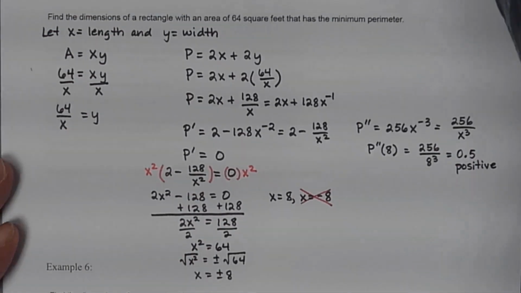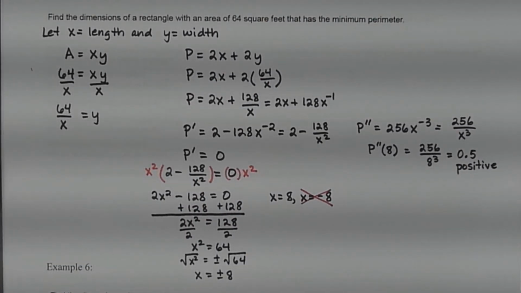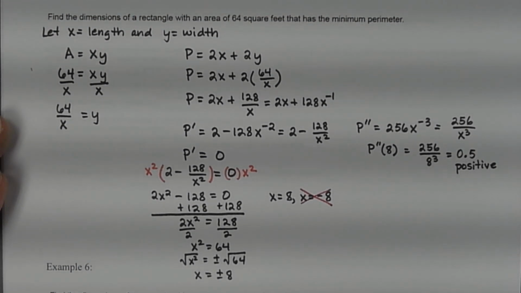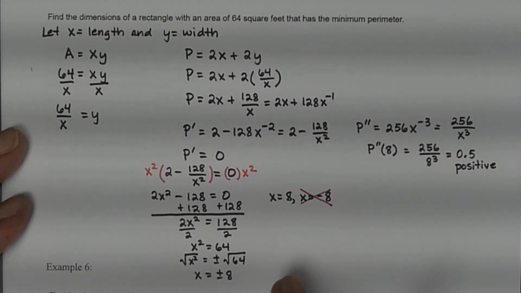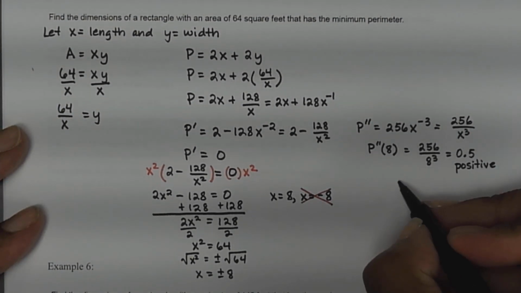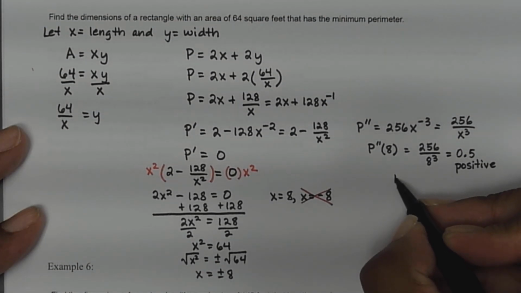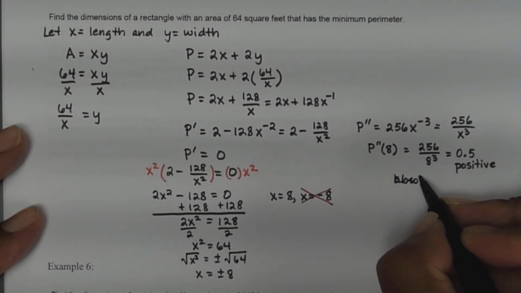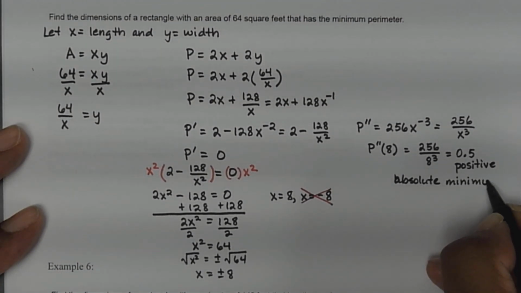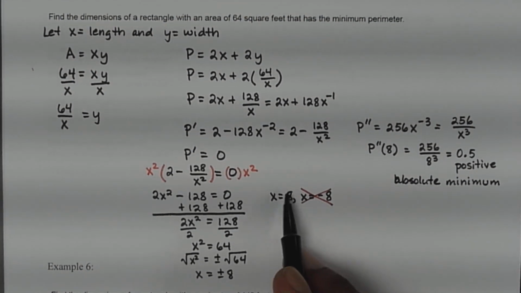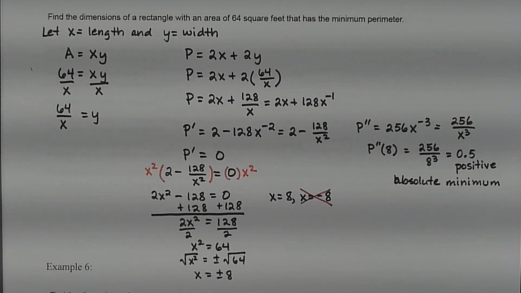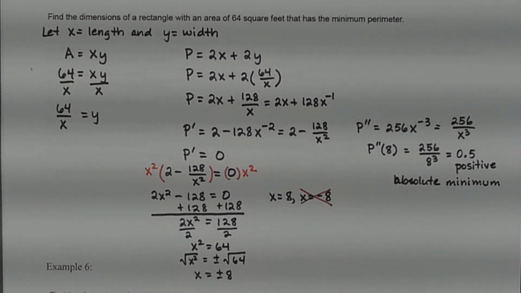Since my second derivative is positive, that tells me I have a local minimum. However, I only have one value of x that's a critical value, so that means I will have what they call an absolute minimum. Reason being is because I only have one critical number, x equals 8. So the absolute minimum will be at x is equal to 8.